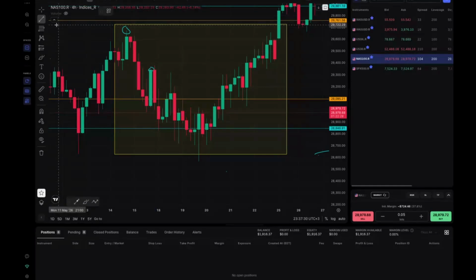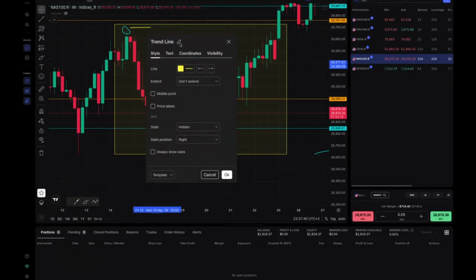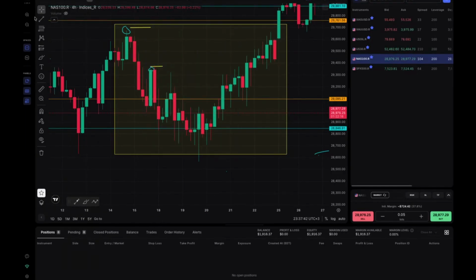So what happened here? This high is our high point, right? And then price down here made another high, but it is lower than the last high, correct? It's lower. So this lets me know we're in a downtrend. We're going down. That's what's happening right here.